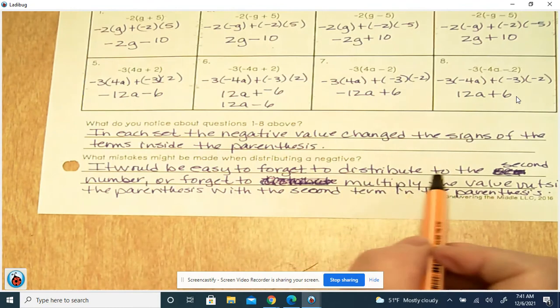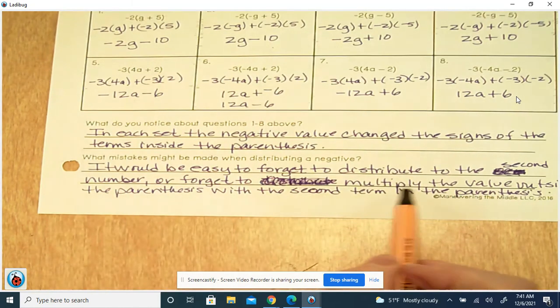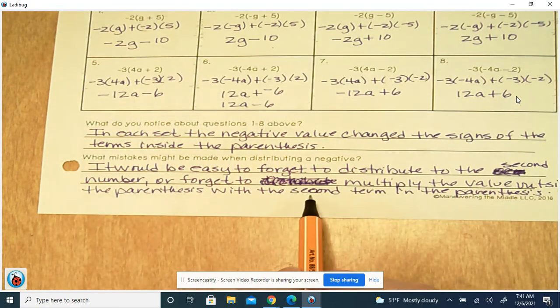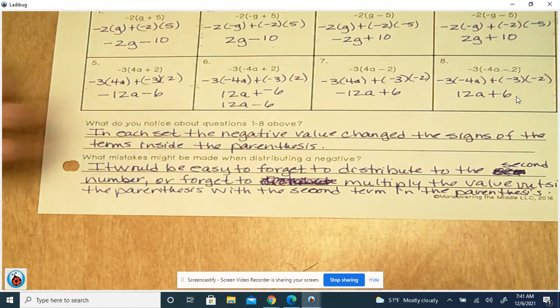This one's a little wordy. So it would be easy to forget to distribute the second number or forget to multiply the value outside the parentheses with the second term in the parentheses.